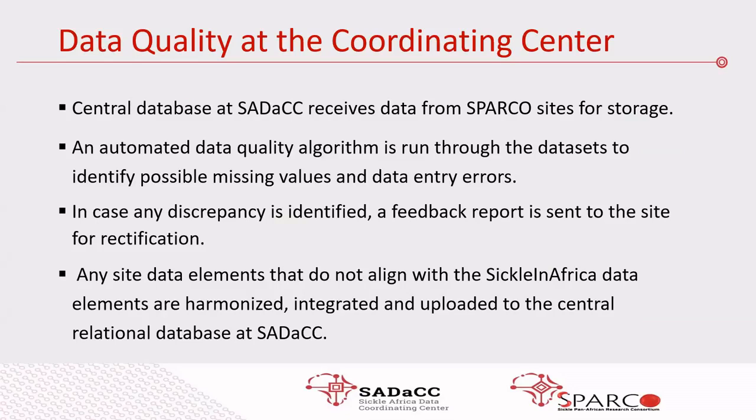In case any discrepancy is identified, a feedback report is sent to the site for rectification, and any site data elements that do not align with the SickleInAfrica elements are harmonized, integrated, and uploaded to the central relational database at SADC. That is using the harmonization script that we talked about yesterday.